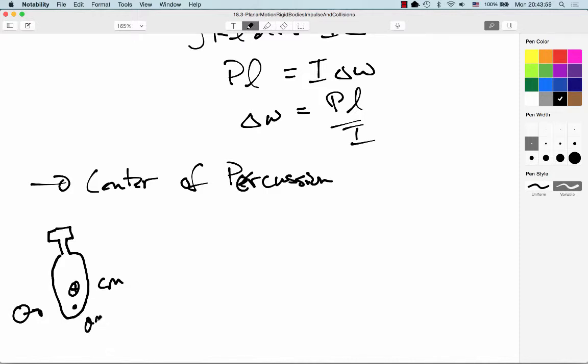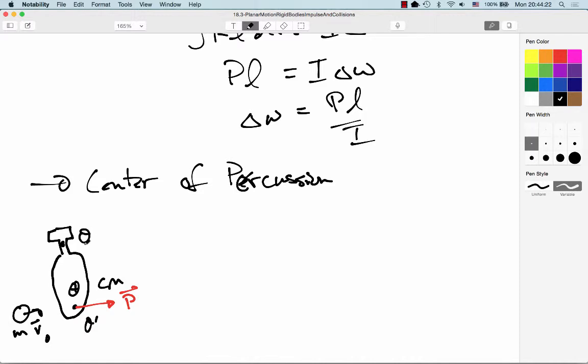We'll have a baseball fly in and hit it here. That'll be our point O prime. It'll come in at some speed v0, mass m, and so it'll impart an impulse P right there. Now the trick is we want to figure out where we want to hold the bat.